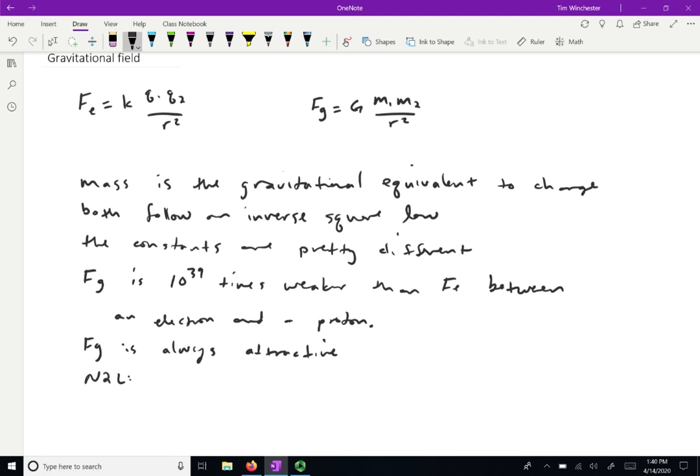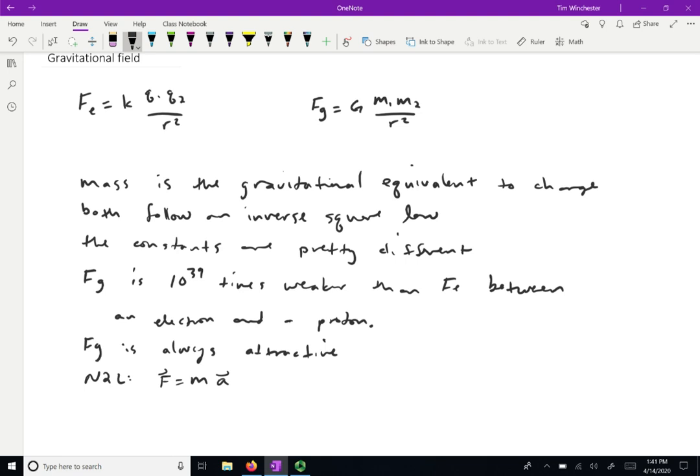So Newton's second law tells us that the force on an object equals the mass of the object times its acceleration. So the fact that mass shows up in Newton's second law and also shows up in Newton's law of universal gravitation means that the actual motion of an object that's behaving under gravity is qualitatively different than the motion of an object that's behaving under an electric force.